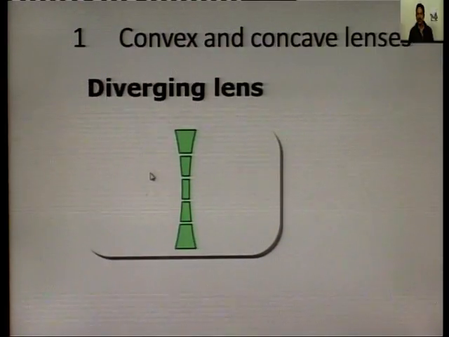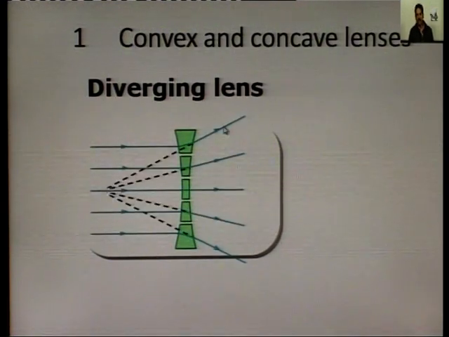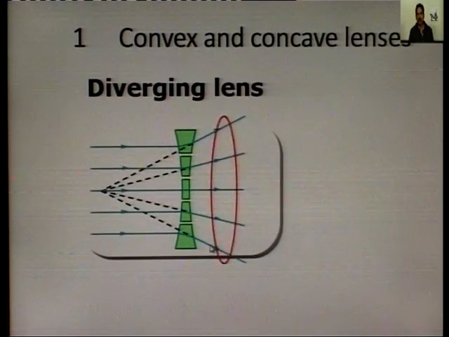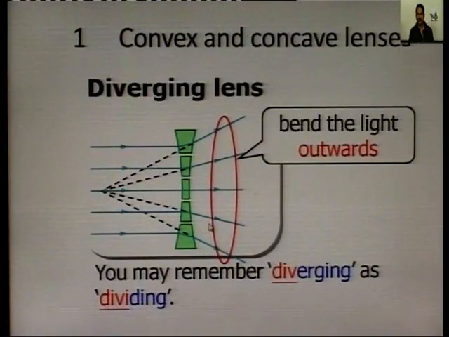Similarly, for a diverging lens, which is a concave lens, you can see that the rays of light move apart and are divided. In other words, the light bends outwards, and you may remember diverging as dividing.